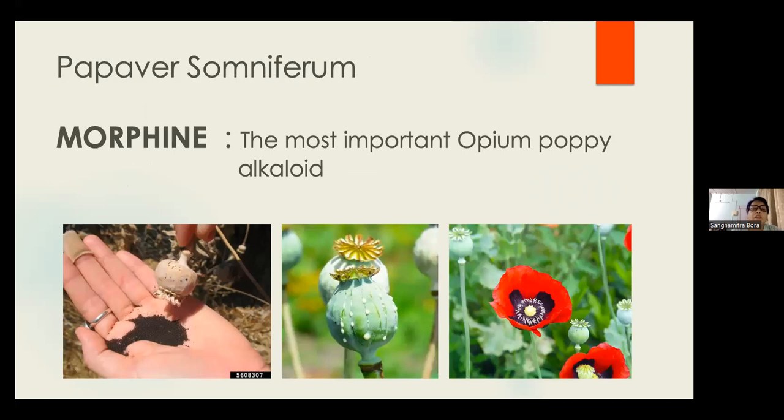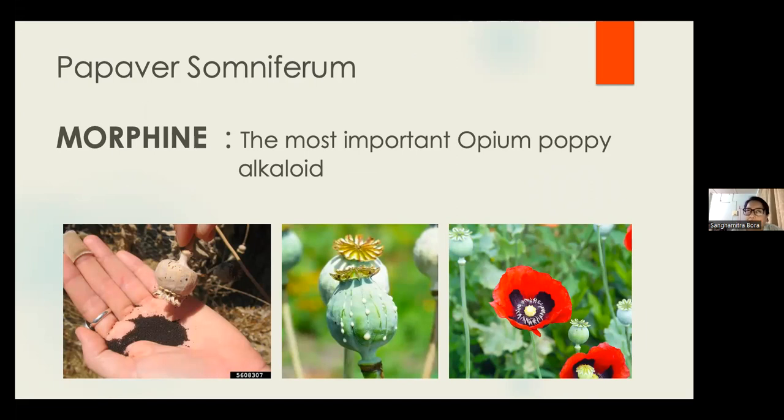Something about morphine. It's a very interesting medication. It is the most important opium from the poppy alkaloid. And as you can see in the left-hand side picture, these are the poppy seeds. Many times, basically in Bengal, the poppy seeds are used.